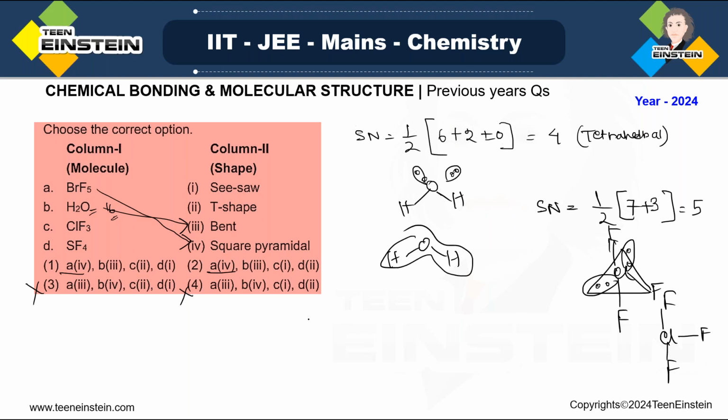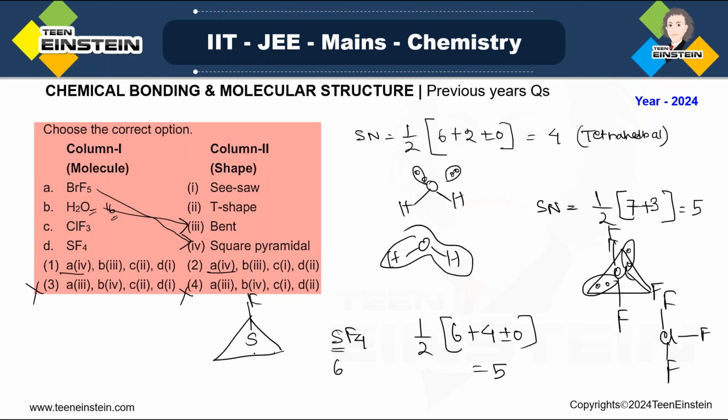And what about the last one? SF4. So for SF4, sulfur is from group 16. So its valence electrons should be 6. Number of monovalent atoms 4. 6 plus 4, 10. So it is 5. So again we will have TBP geometry.